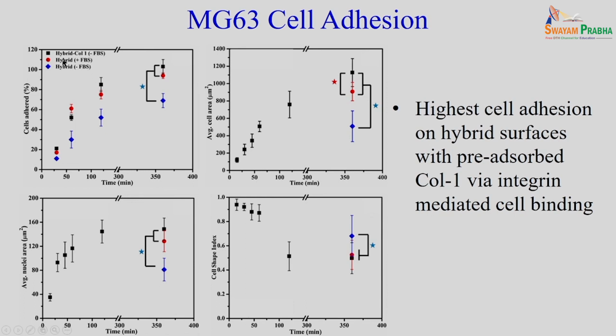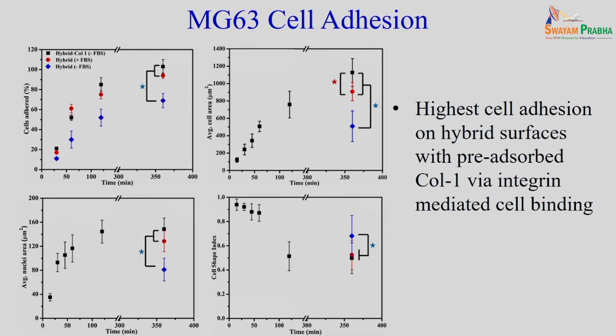In one case, the media had FBS, and we observe better cell adhesion compared to the media without FBS. In the third case, the surface was pre-adsorbed with collagen and the media again did not have any FBS, but we still observe better performance.